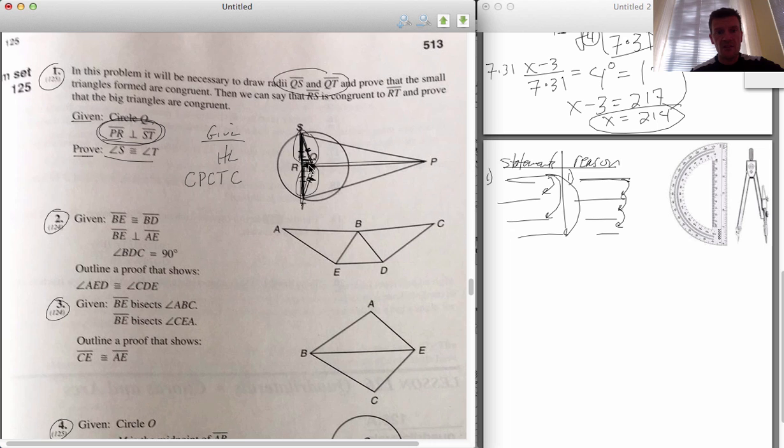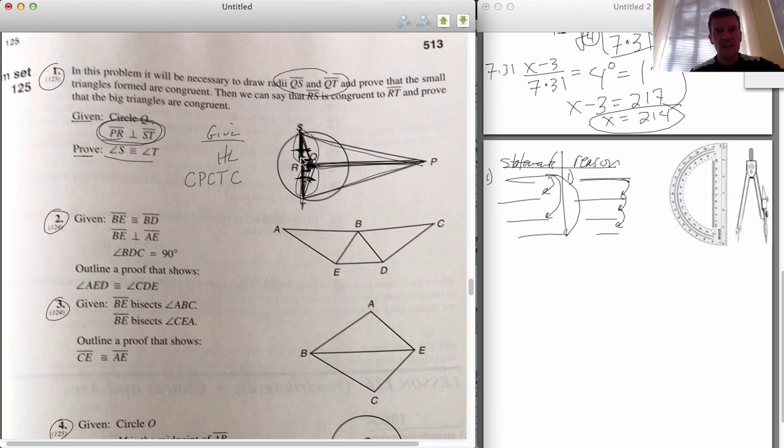We again have these 90-degree angles here. So now the big triangles are the ones we're looking at. We have side SR and TR, we still have that angle there, and now this long side, PR, is equal to itself because of the reflexive property.